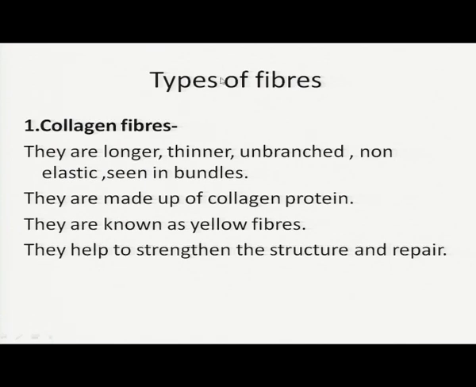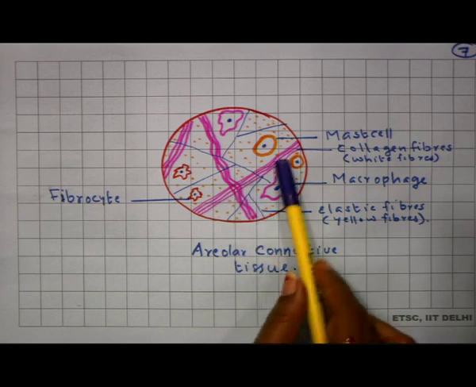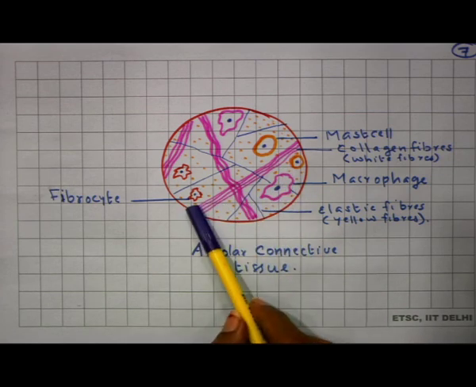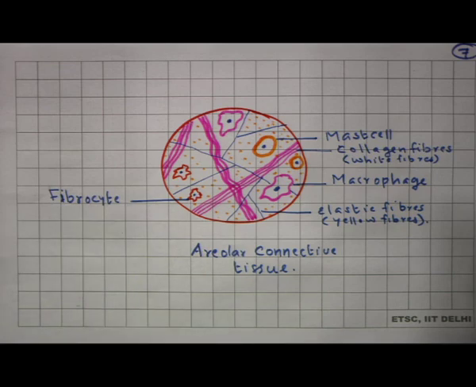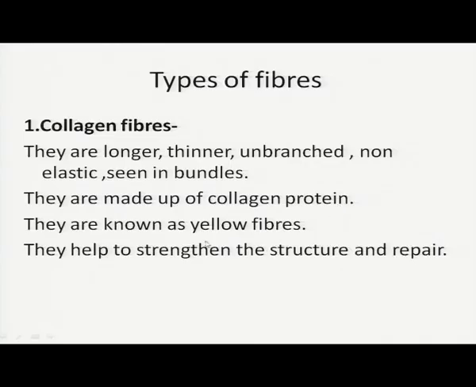Now, what are the different types of fibers? Collagen fibers, as you can see in the diagram, are longer, thicker, unbranched, seen in groups or bundles and arranged parallelly, and they are made up of the protein collagen. Their other name is white fibers.